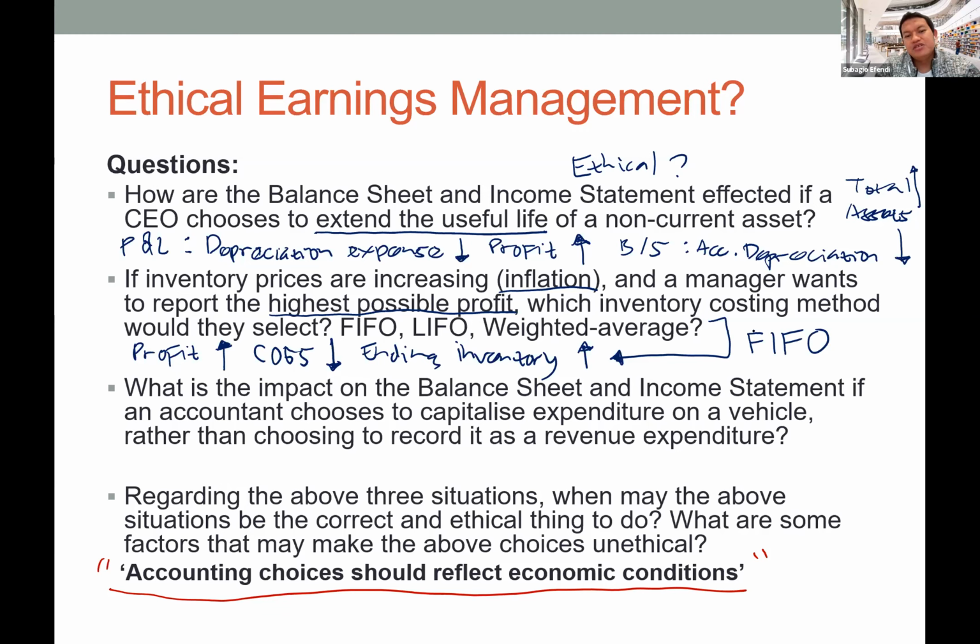So if the company uses FIFO, whenever they have a sale transaction, they will sell the oldest inventories, which have a cheaper price, and keep the newest, the recent inventories, in the ending inventory. So the ending inventory balance will be higher, which is good because in the balance sheet they will report a higher total asset, because this ending inventory will be reflected in the balance sheet.